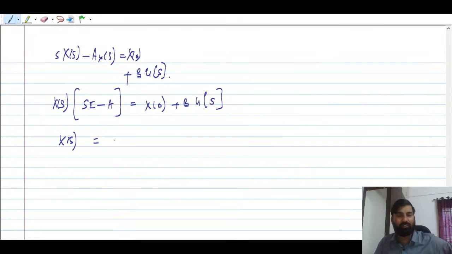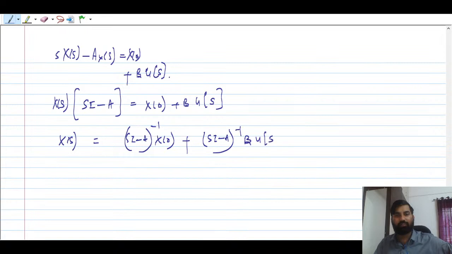So this will be nothing but (sI minus A) inverse times x naught, plus (sI minus A) inverse B times U(s), right?